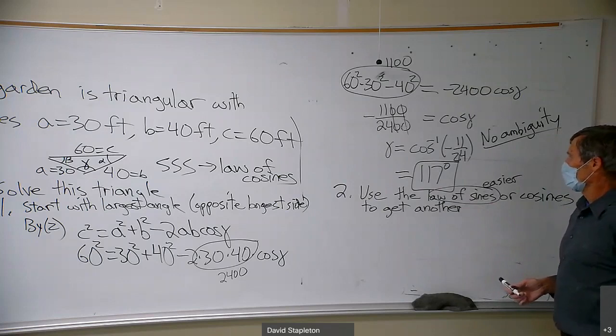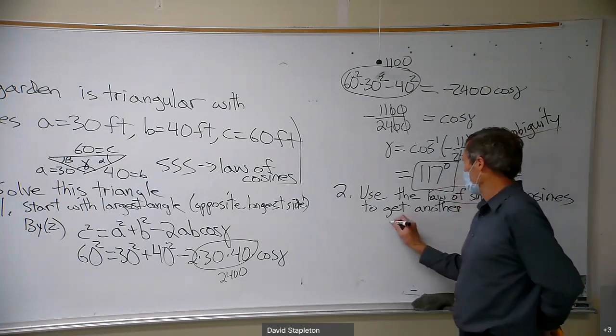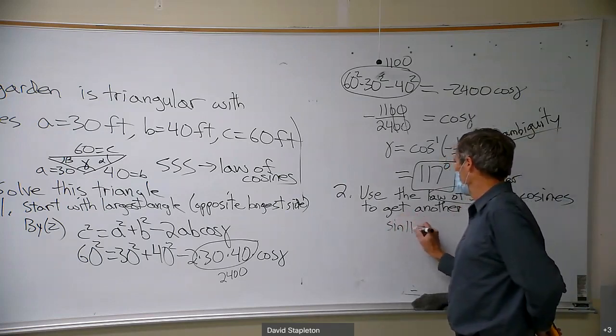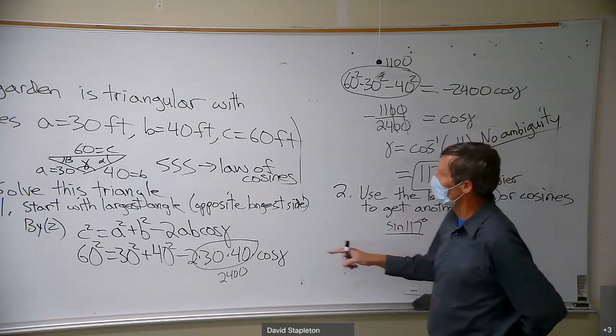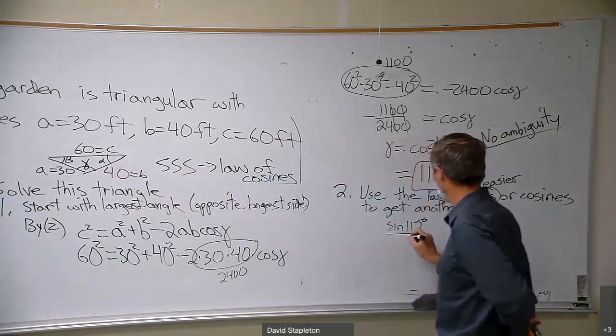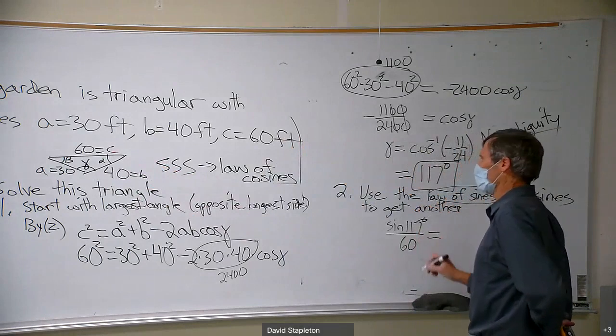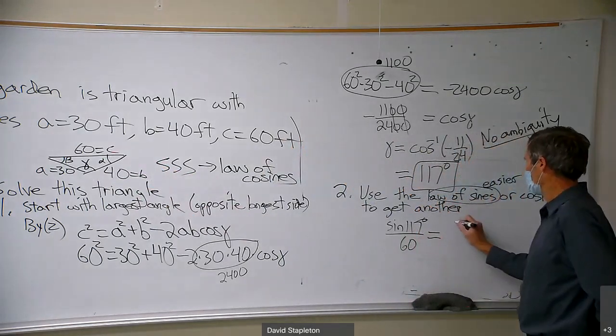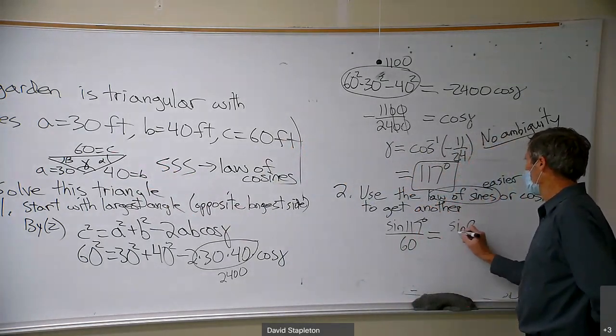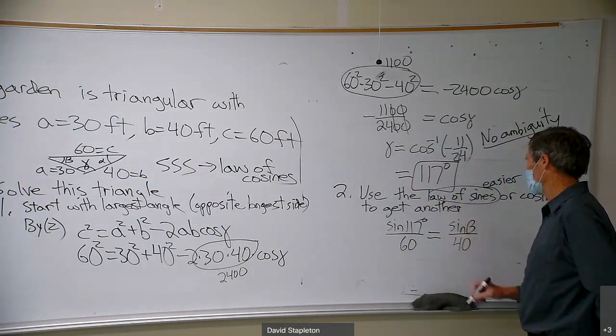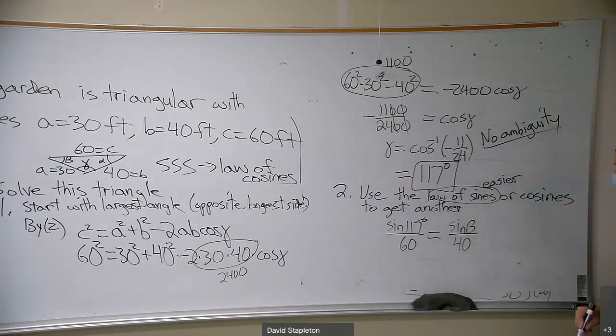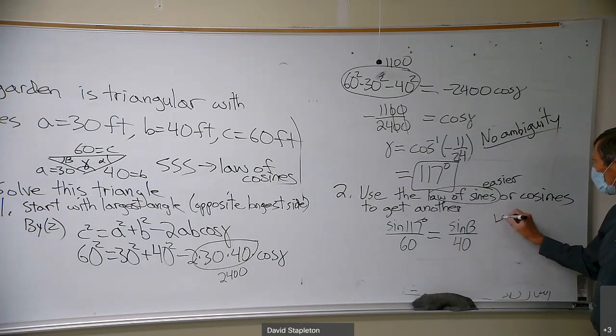Well, how do I use the law of sines? I now have this angle, so I can say sine of gamma, 117, is to its opposite side, 60, as I can find either angle I want, it doesn't matter, sine, let's say beta, is to its opposite side, b equals 40. There's the law of sines, if I choose to do it that way.